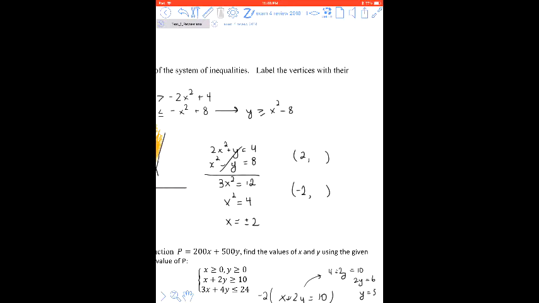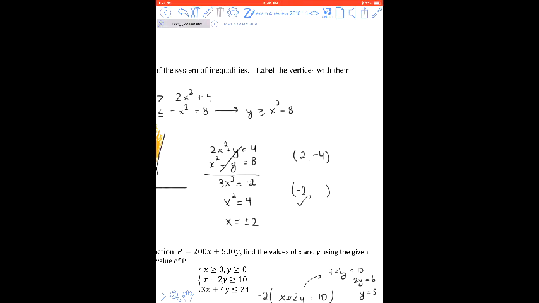So if I take this top equation, for example, and plug in 2 for x, I'm going to get 2 squared, which is 4. 4 times 2 is 8. So 8 plus y equals 4. That means we get negative 4 for y.